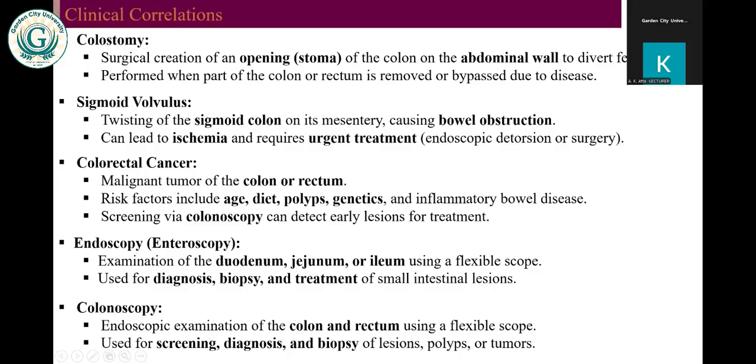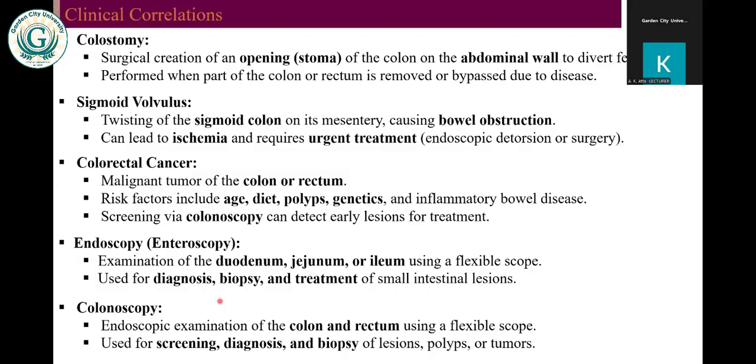There is also colonoscopy, where a tube is passed through the anus to view the colon and the rectum, and it is usually recommended for people who are more than 50 years old.